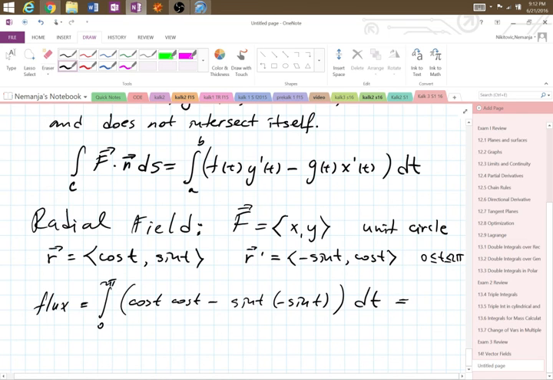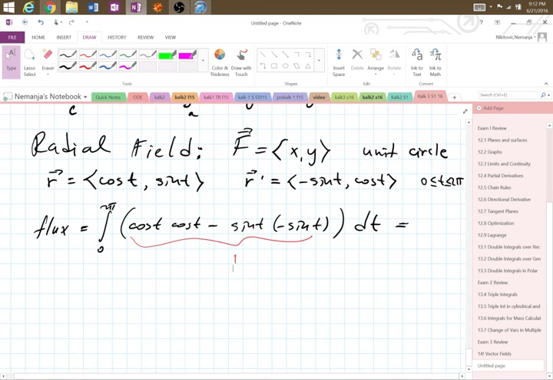You can see that the thing inside is again 1 because it's the Pythagorean identity. And you have 2 pi, right? Because the integral of 1 dt is just t from 0 to 2 pi, and we get 2 pi. So flux for the radial field is 2 pi.